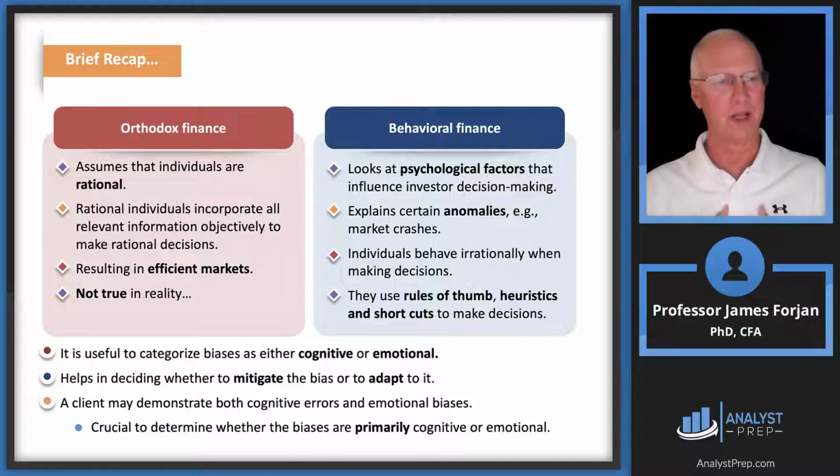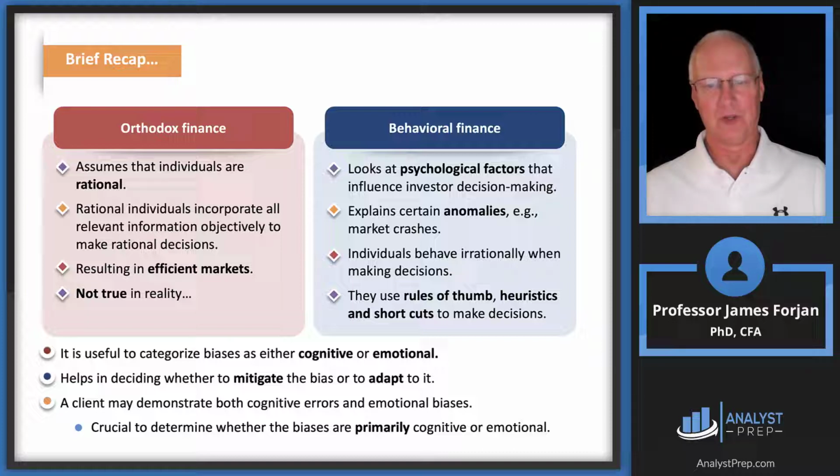Or the client might say, "I made a mistake of the heart, but I can't get over it." So that's why we have the word adapt in parentheses. So we may have to adjust some of our asset selection or asset allocation decisions to adapt. So we're going to try to get rid of them, we're going to try to lessen them, or we're just going to try to figure our way around them.